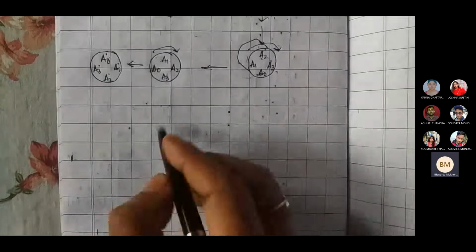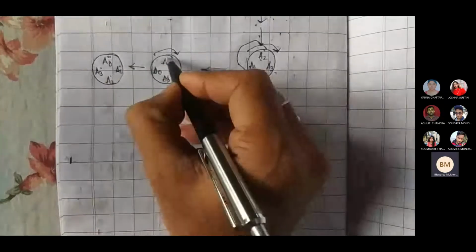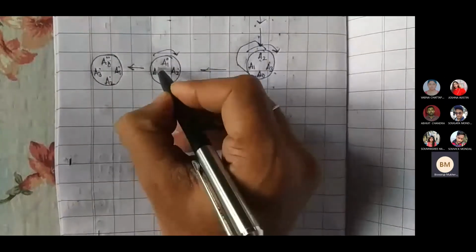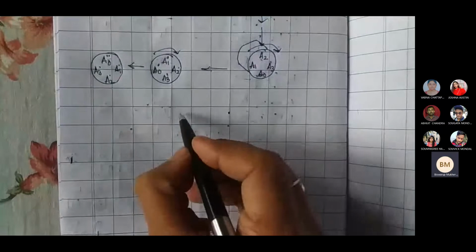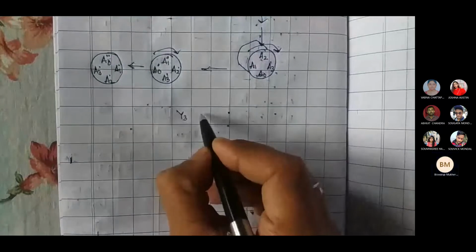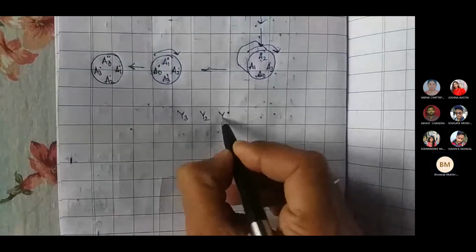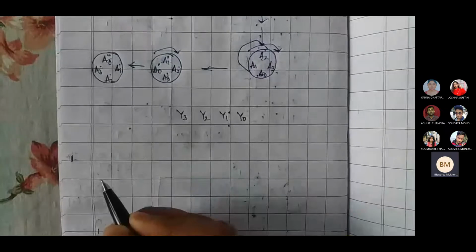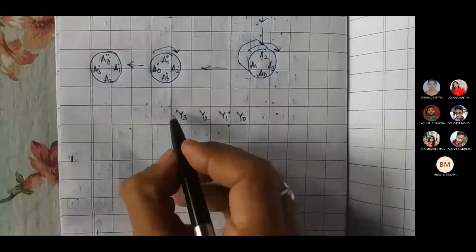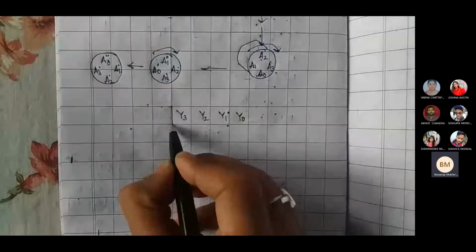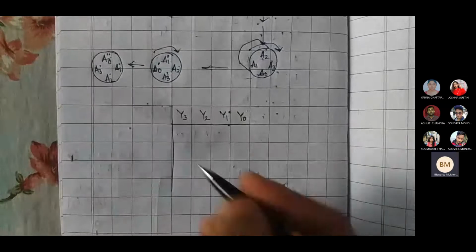Now, suppose we are having four outputs. These are the 4 points, চারটে point হচ্ছে চারটে output. These outputs are y3, y2, y1, y0. So maybe it's starting in this way.